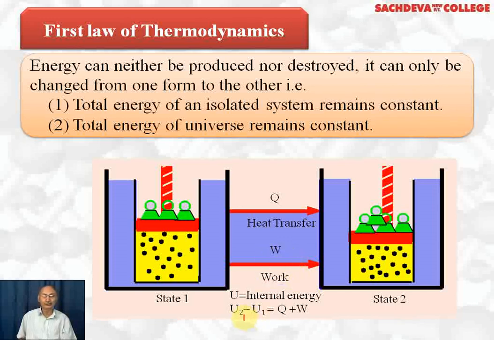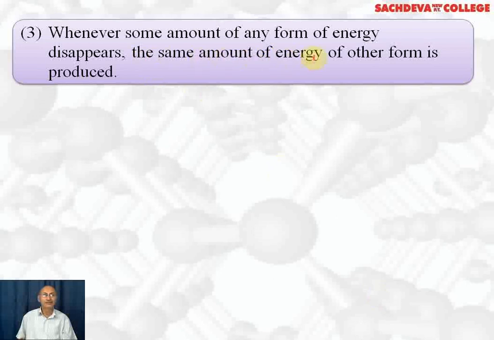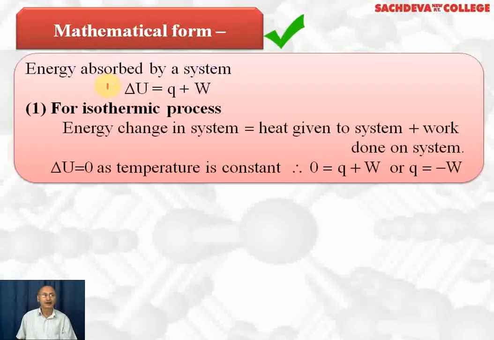So according to first law of thermodynamics, delta U, which is equal to U2 minus U1, should be equal to Q plus W. So from one state to another state, internal energy change will be equal to Q plus W. Whenever some amount of energy disappears, the same amount of energy of other form is produced, and that shows that the energy remains conserved. Mathematical form: delta U is equal to Q plus W.